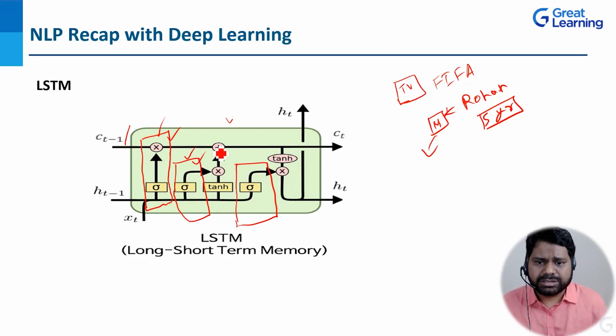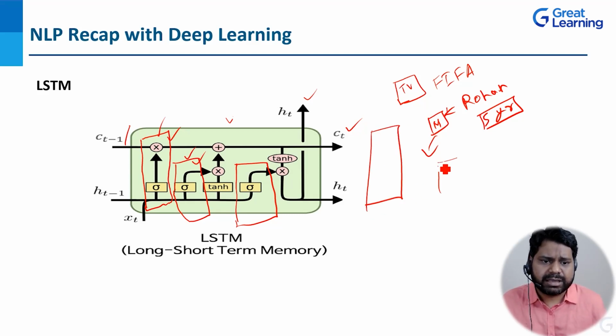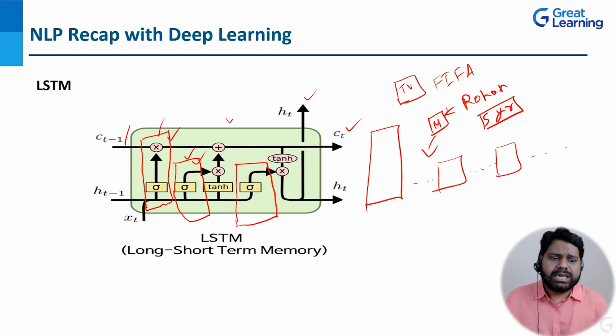With the help of this input, you can update your output and then give it. So this is your next state, and this is the cell state. Then there will be one LSTM, then another LSTM, and another, and it will go on for as many units as you want to keep for the LSTM. So this is the basic functionality of how LSTM works.